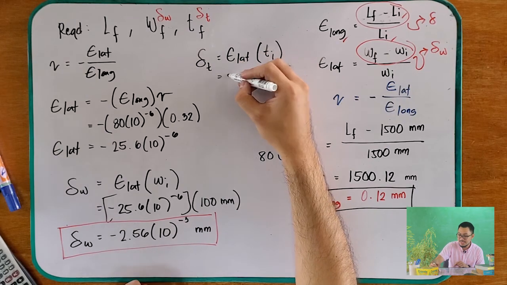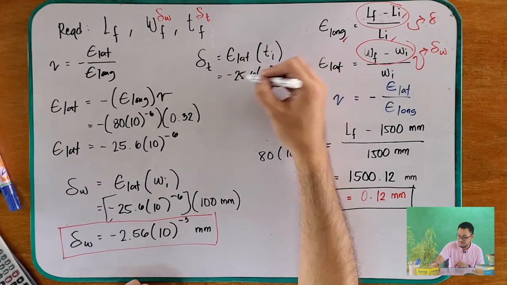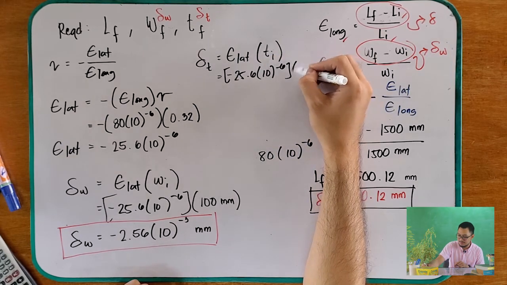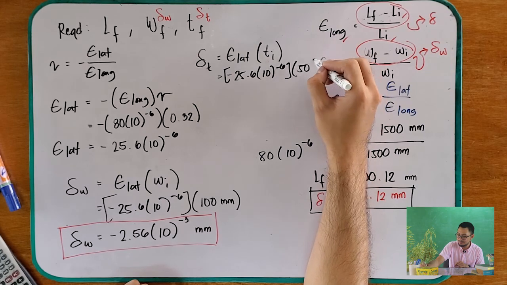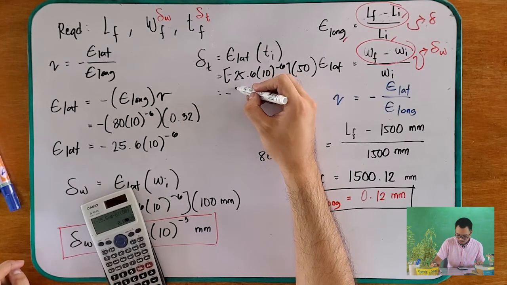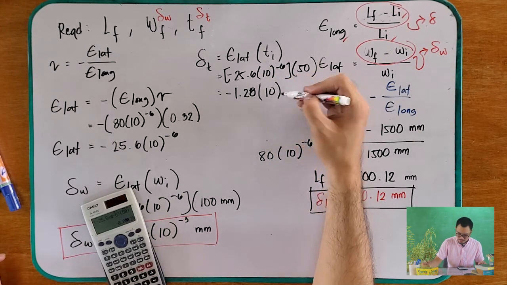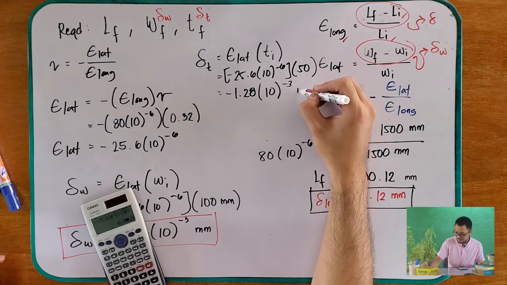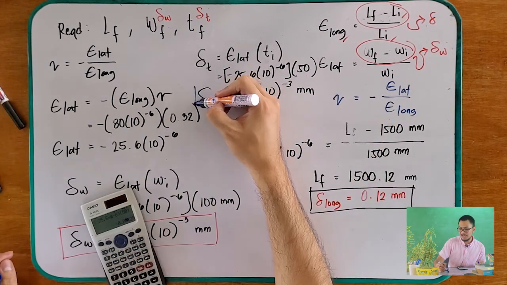So, negative 25.6 times 10 to the negative 6 multiplied by 50 millimeters, I guess. And the answer of this one is negative 1.28 times 10 to the power of negative 3 millimeters. That is your change in thickness.